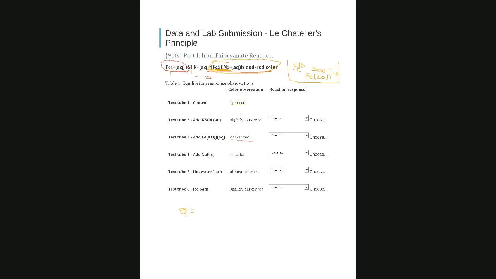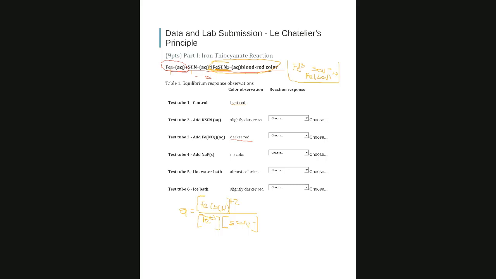The Q is going to be the expression of equilibrium, but the concentrations are not the equilibrium concentrations, they are the concentrations when we disturb the system. So as soon as we disturb the system, the Q is going to be the expression of the Q.